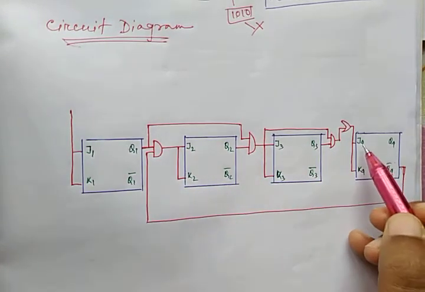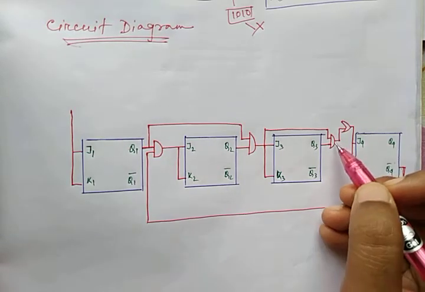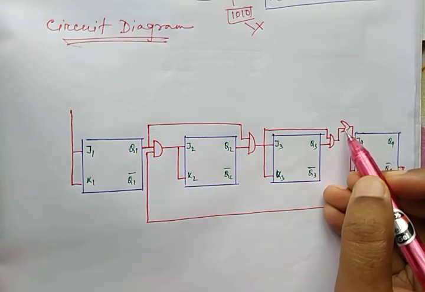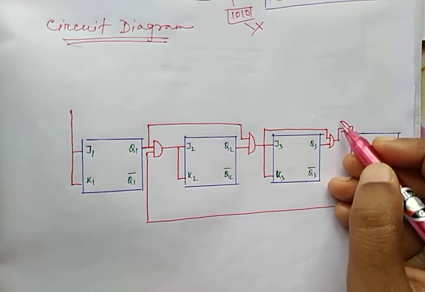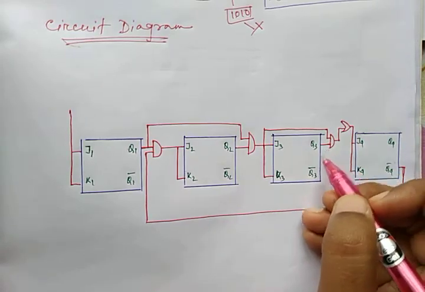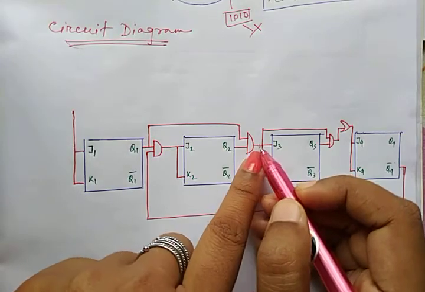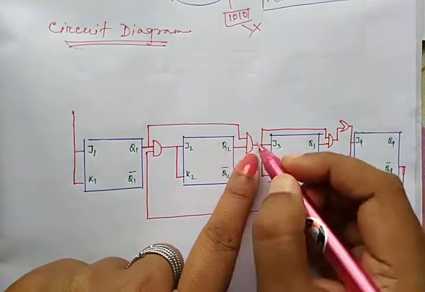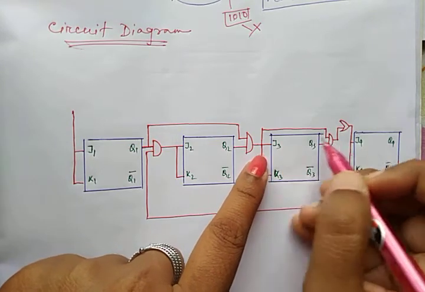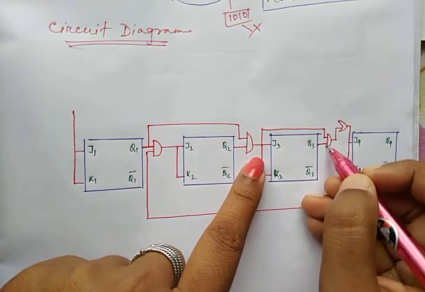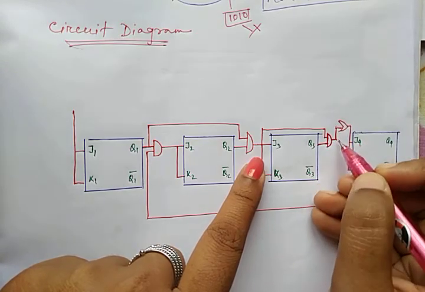And for the last one, it needs two conditions. This is an OR operation. OR operation means either one of these input signals is 1, then 1 goes as an input. This is our AND operation of Q1, Q2, Q3, which is one input.